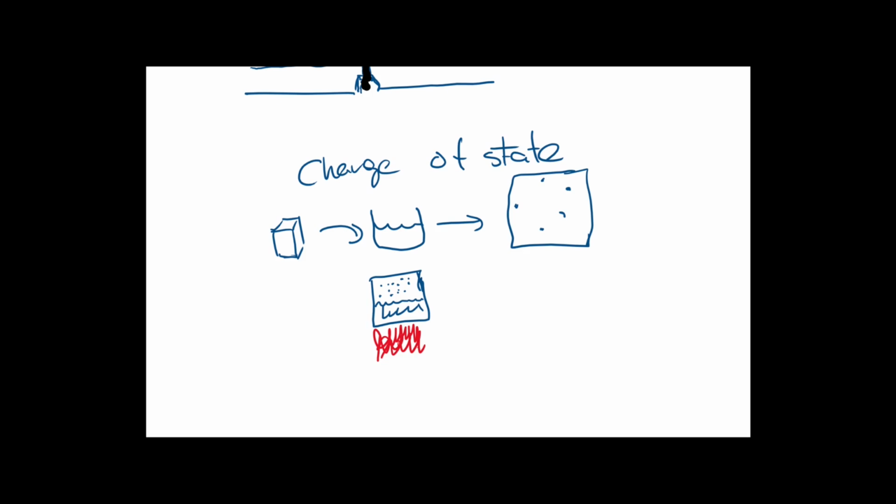We can let the pressure build up, and then if we allow some of it to escape, it will want to go into more space, and that pressure we can use to turn a turbine to make electricity. And this is essentially how a steam engine works.